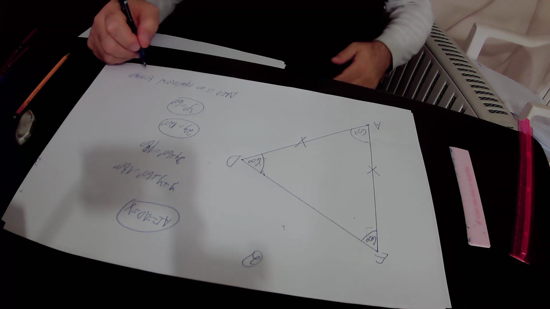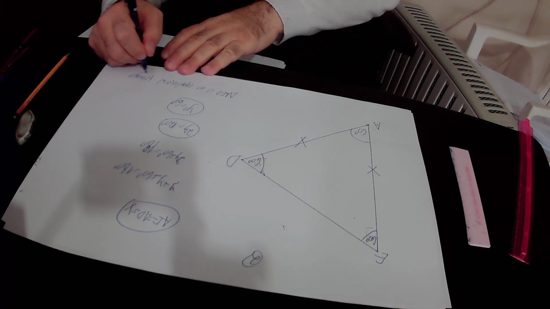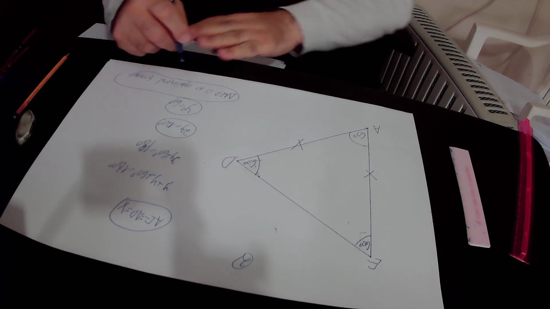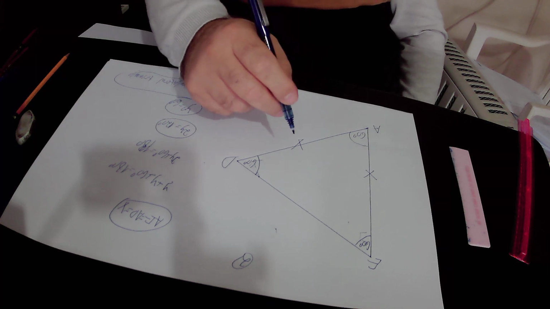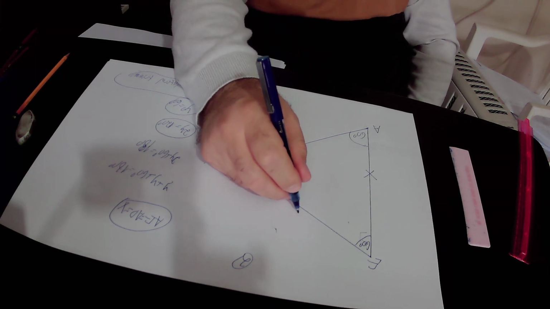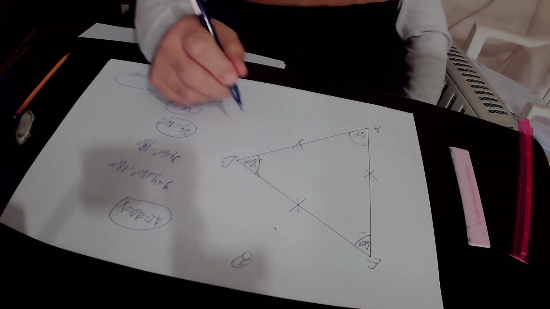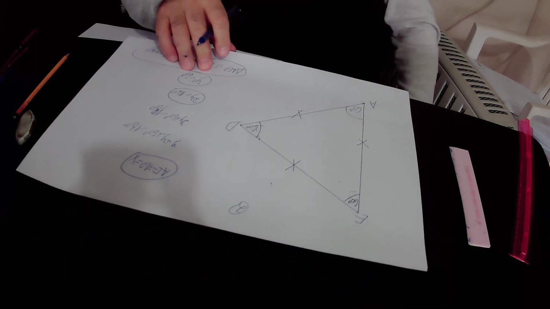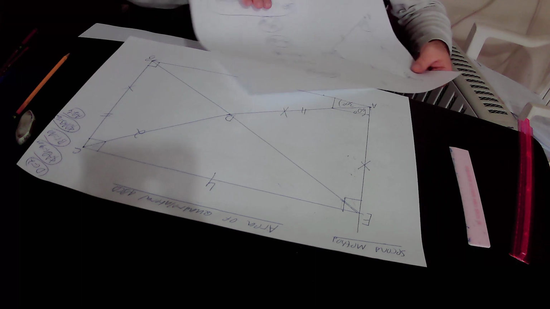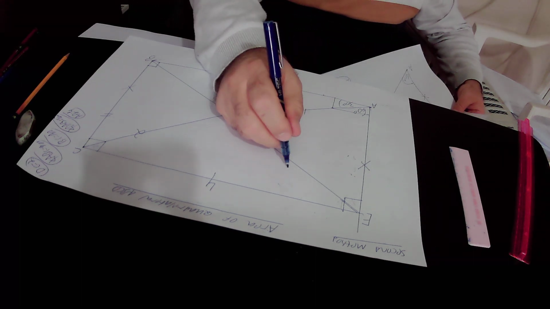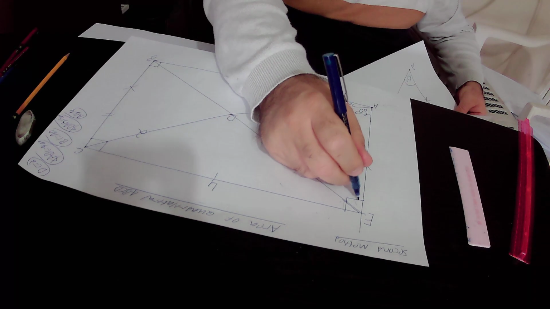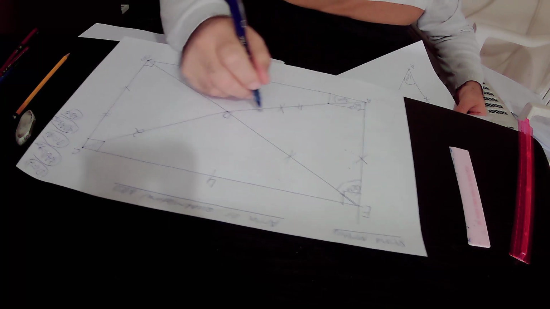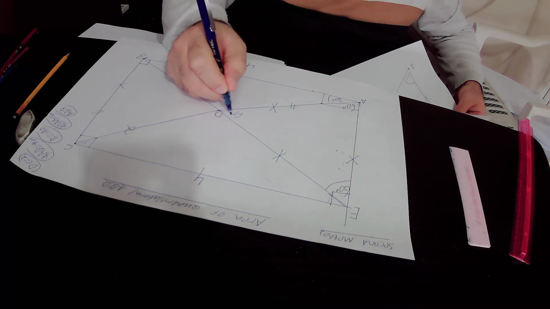And in any equilateral triangle, all the sides are equal to each other. So if AE equals x, then ED will also equal x. So in the original drawing, we can also write down that ED equals x. This angle equals 60 degrees, and this angle will also equal 60 degrees.